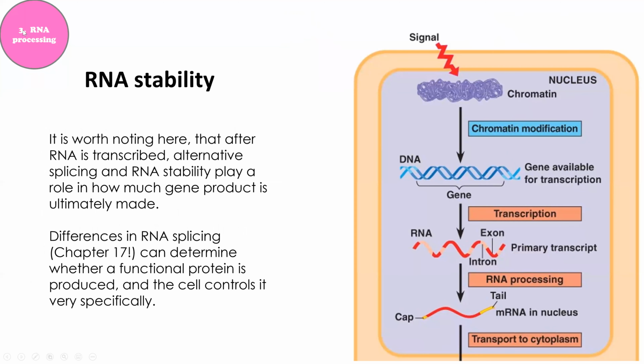So we've talked about now two different levels of gene expression regulation. We've talked about chromatin modification. Okay, so that's the histone acetylation, histone methylation, and DNA methylation, controlling how tight or loose the chromatin will be.